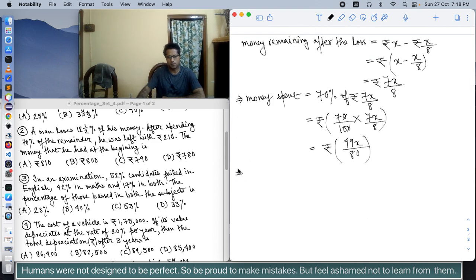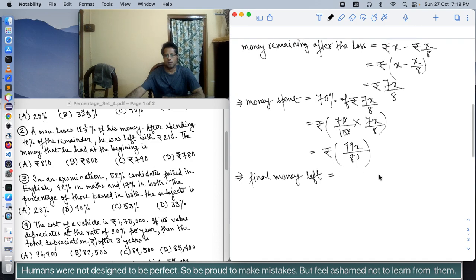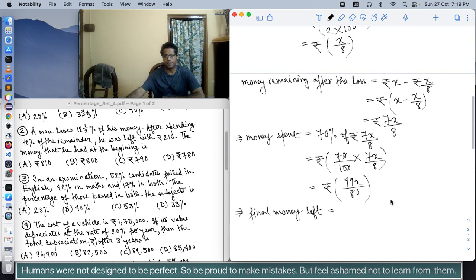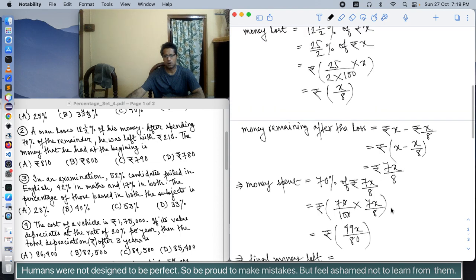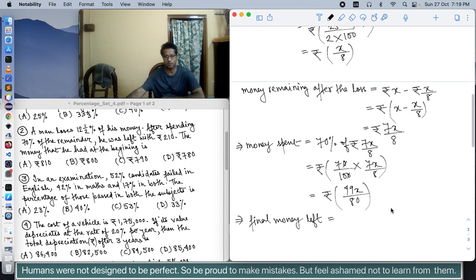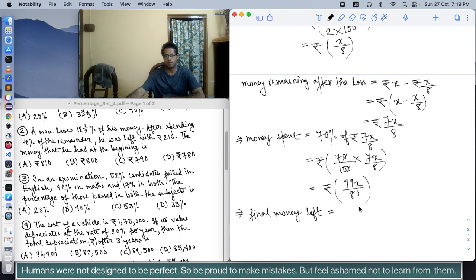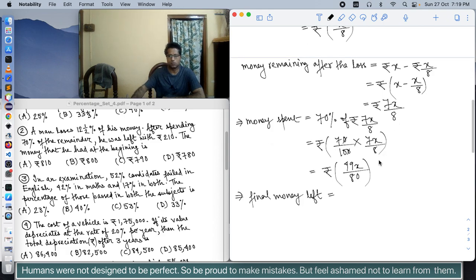So finally, the final money left will be equal to 7X by 8 was the money remaining after the loss, and from that 7X by 8, 49X by 80 was spent. So finally the money left is 7X by 8 minus 49X by 80.